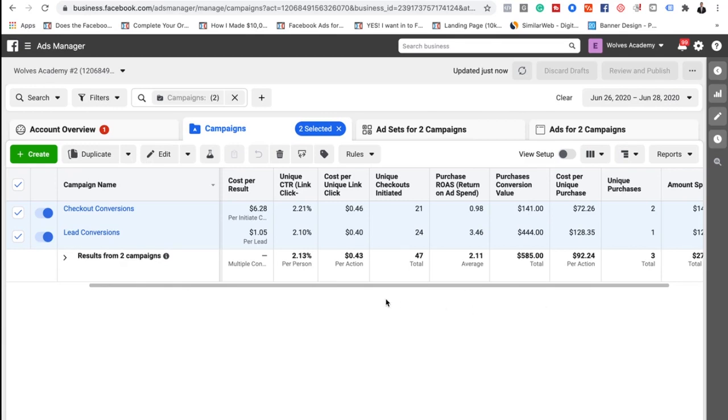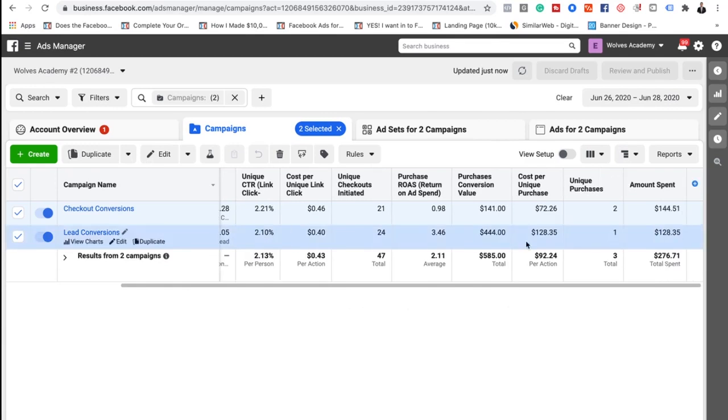So since we've made those changes, if you look here, just being honest with you, my cost per purchase of $128.35 is out of KPI, but because of the total revenue that we generated from the first sale in this campaign, it actually made it a profitable campaign. We've currently spent $276.71 so far. We've earned $585 so far.